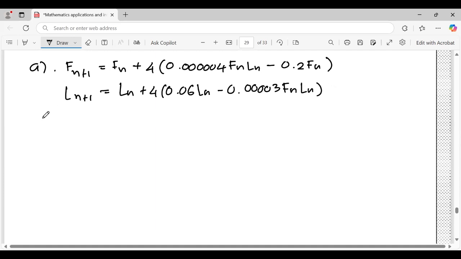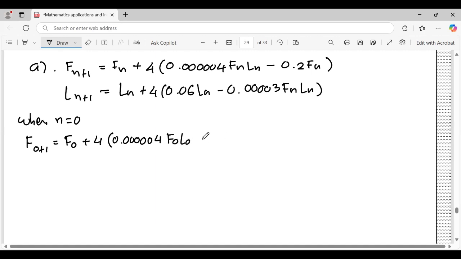Now, when n equals 0, F0 plus 1 equals F0 plus 4 times (0.00004 times F0 L0 minus 0.2 F0). And it is F1. And according to the information, I will create a table here.